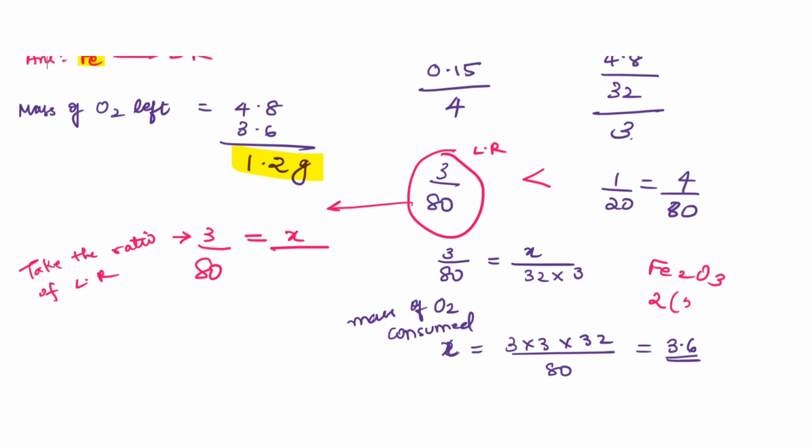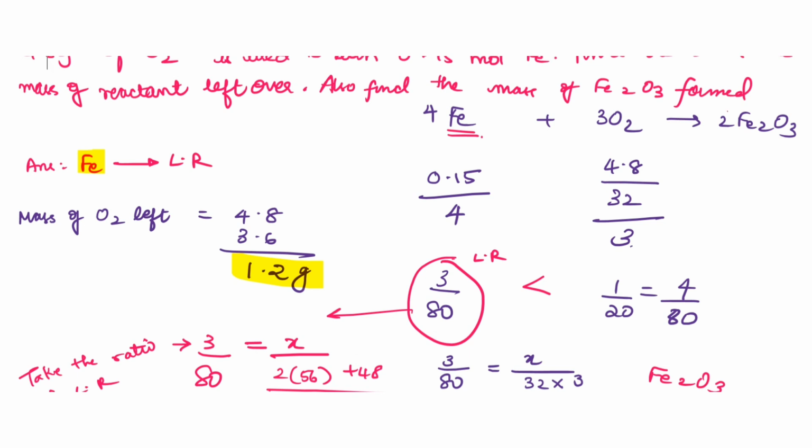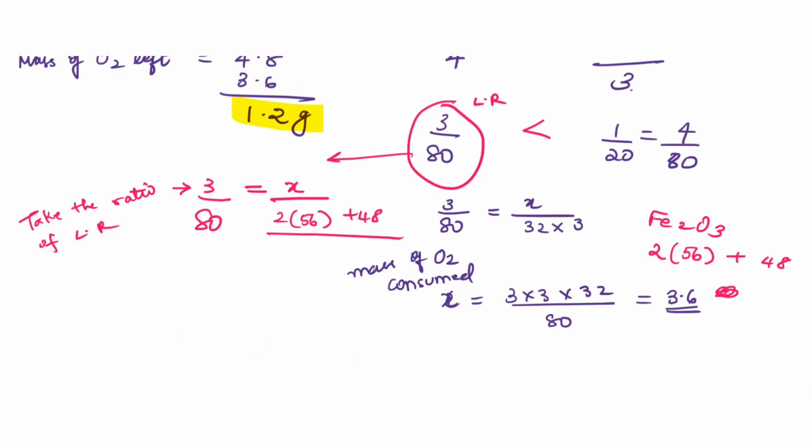So x by 2 times the molecular mass of Fe2O3: atomic mass of iron is 56, so 2 times 56 is 112, plus 3 into 16, which is 48, divided by the stoichiometric coefficient, which is 2. So simplify, you can cancel the 2. So 3 by 20 is equal to x by 56 plus 12.